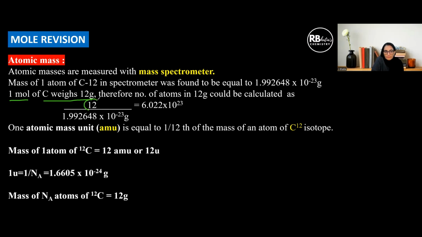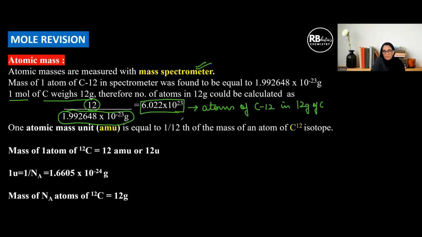So 12 gram was divided by the mass of each atom of carbon, which was measured experimentally using a mass spectrometer, and we obtained this number, which suggested these many atoms of C12 are present in 12 gram of this isotope. And this number was fixed as Avogadro number.